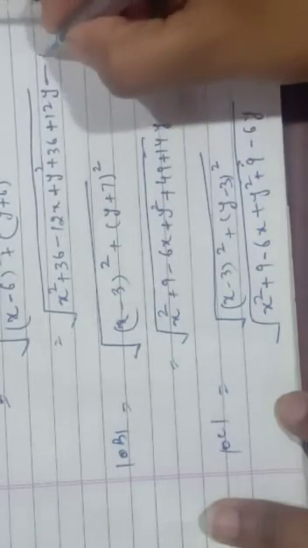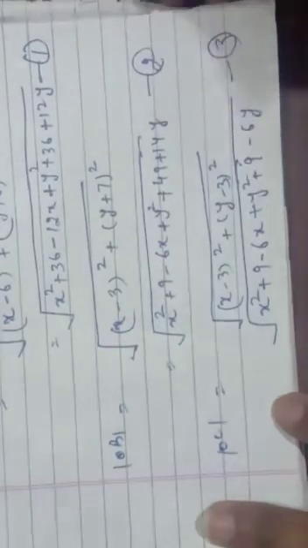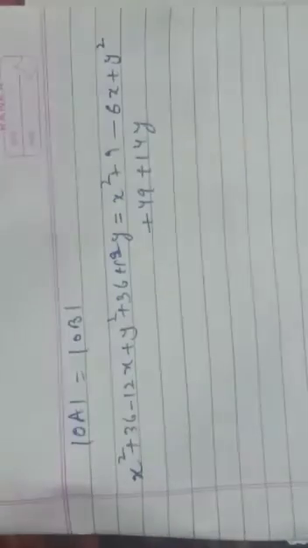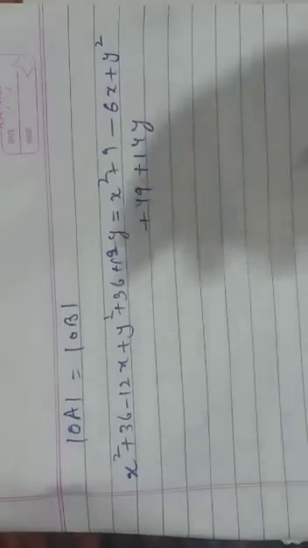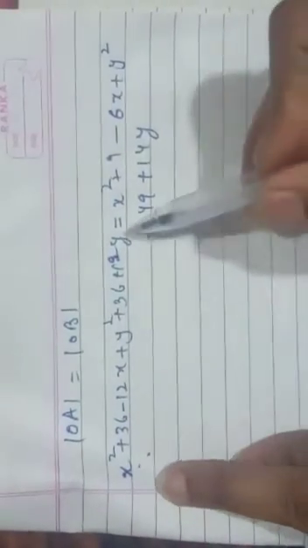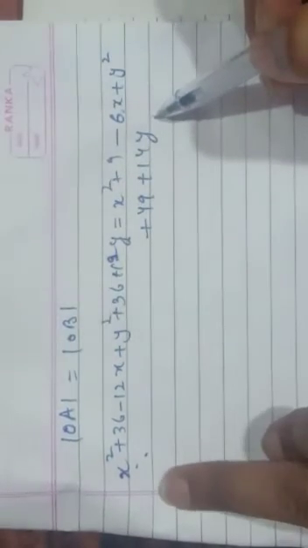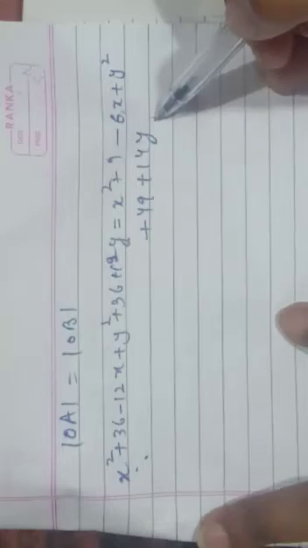Now let us equate equations number 1, 2 and 3 by taking two equations together. Firstly, I will take OA equal to OB. Let us write: taking the distance OA equals OB, I get, I have written here the distance OA in full and here the distance OB in full, and doing the square also. If I do the square, the square root will be cancelled from both sides.